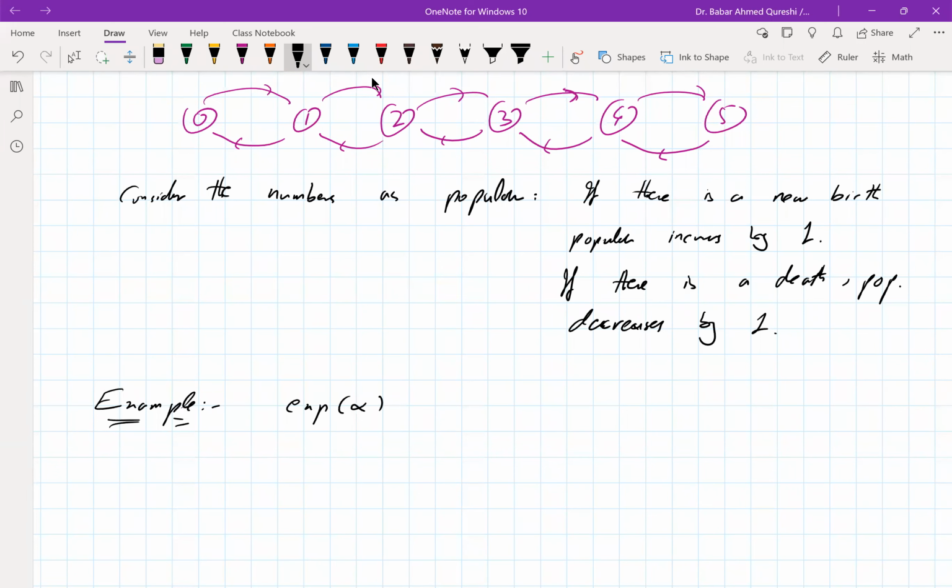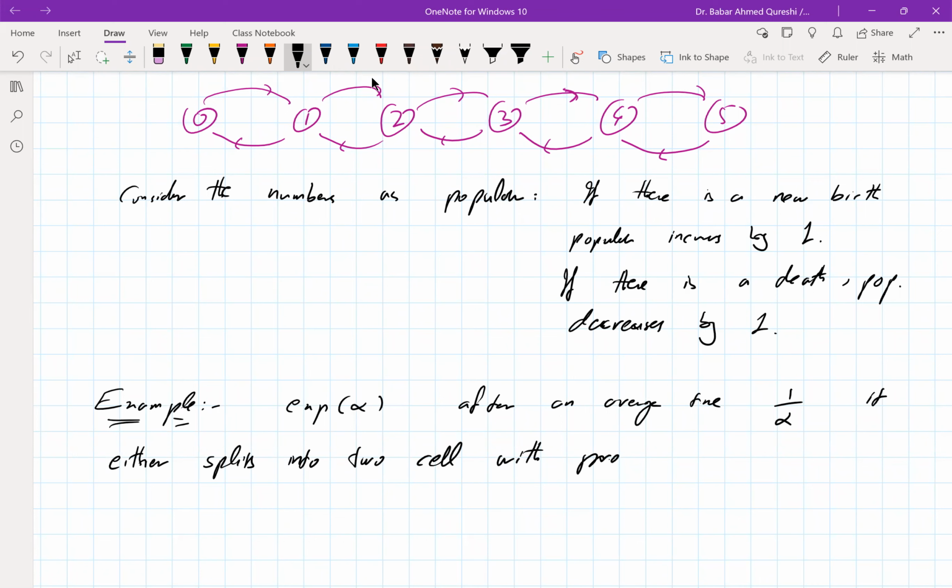Then the probability of death is 1 minus P. So after an average time 1 over alpha, it either splits into 2 cells with probability P or dies with probability 1 minus P. So on average in time 1 over alpha it is trying to split, but it succeeds with probability P, otherwise it just dies in the process.